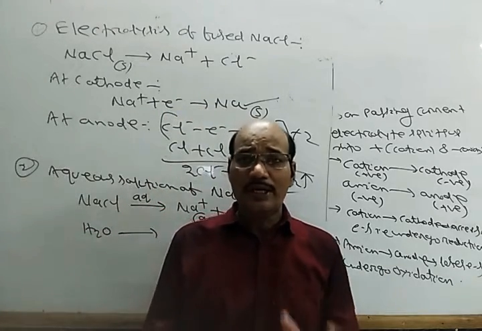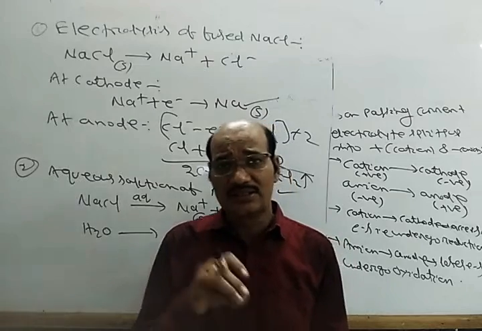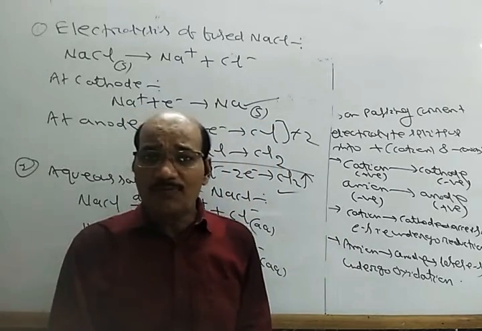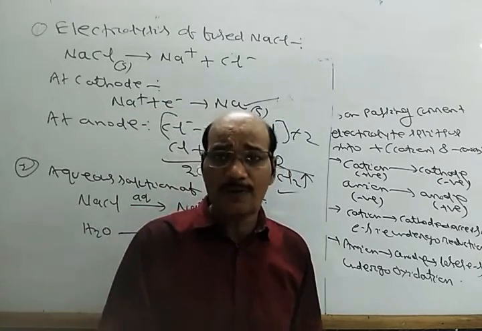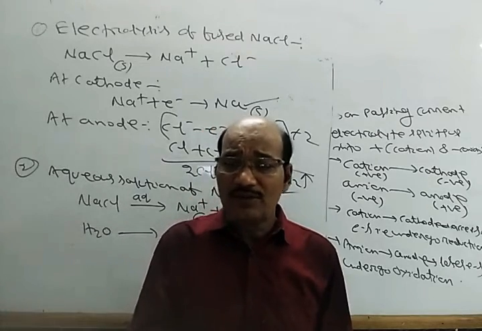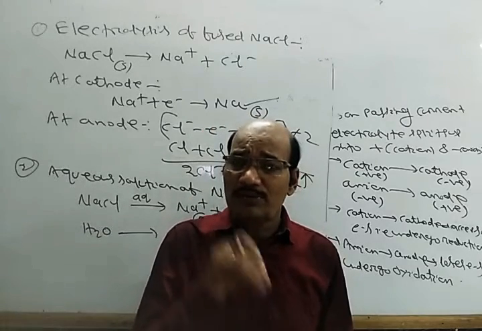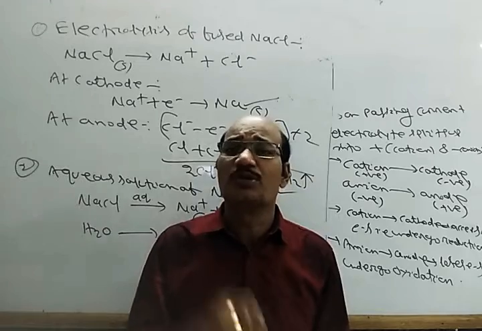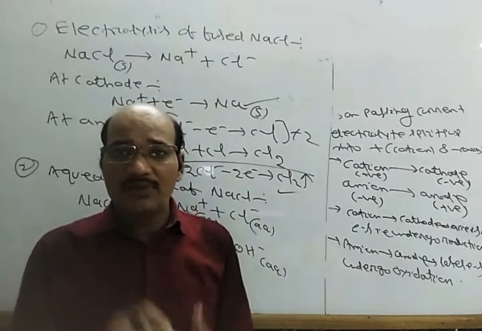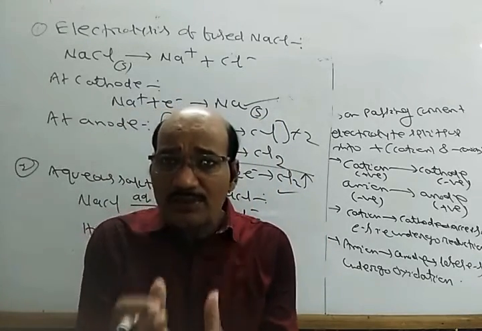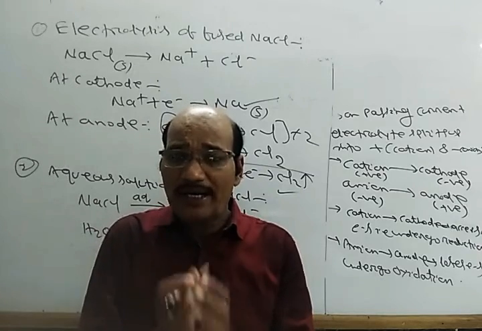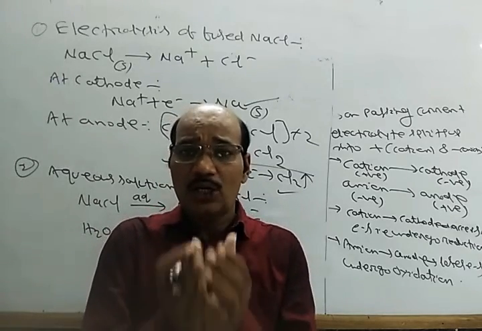So the electrochemical series is the series where different kinds of electrodes are arranged in decreasing order of their standard reduction potential. From the position of the electrodes in that series, we will find out which has the lower position.